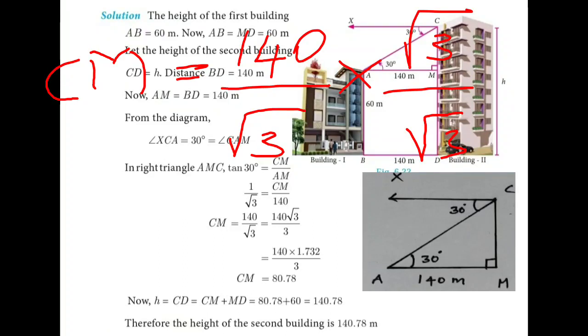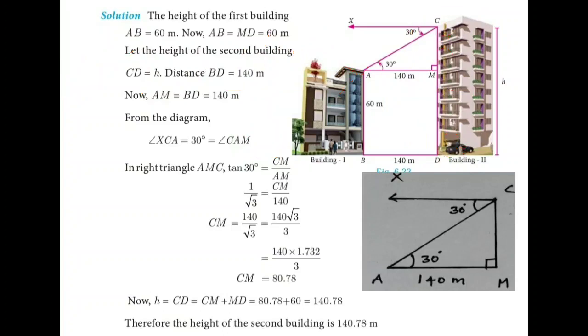Multiply root 3 on numerator and denominator. Then CM is equal to 140 divided by root 3 into root 3 divided by root 3. Then CM is equal to 140 root 3 divided by 3, since root 3 into root 3 is 3.